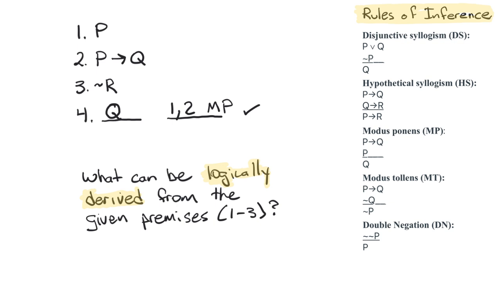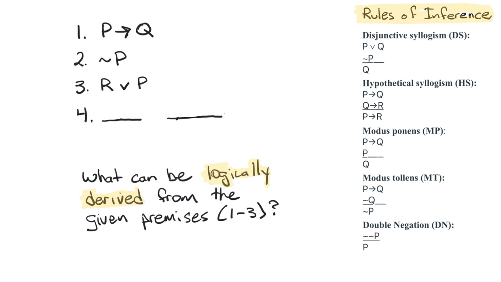Okay, let's do another one. Okay, so here's another question. What can be logically derived from our 3 premises?